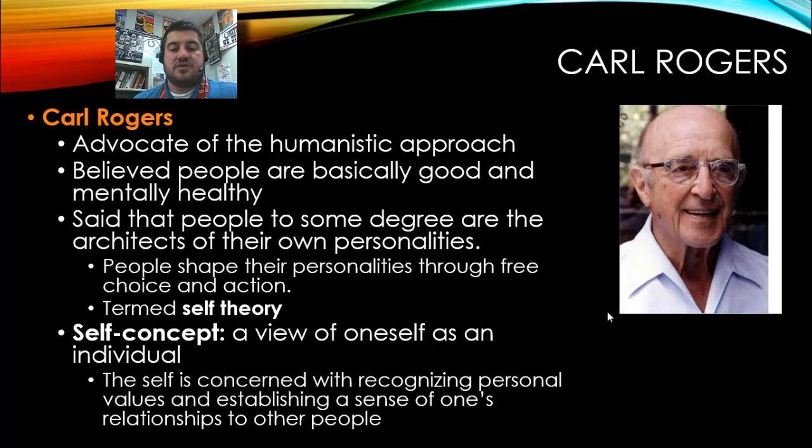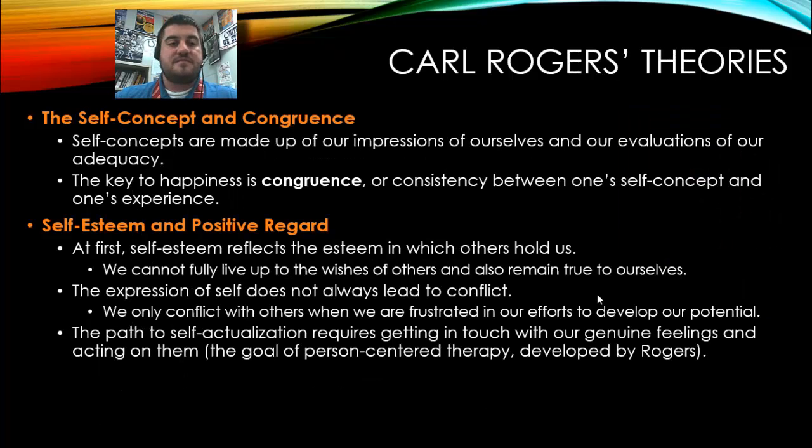The thing that we're trying to make good is our self-concept, which is the view of oneself as an individual separate from other human beings. The self is concerned with recognizing personal values and establishing one's relationships to other people. Self-concepts are made up of our impression of ourselves and our evaluations of how adequate we are in society.